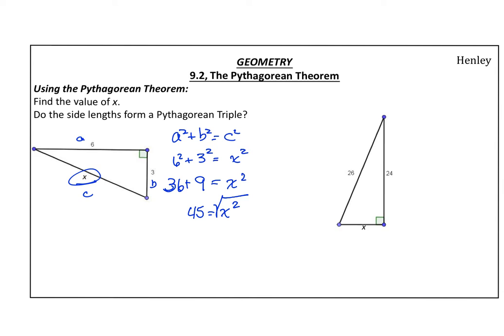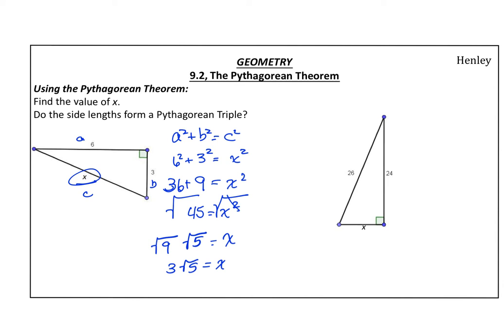Find the square root in order to get rid of the square, leaving x equals the square root of 45. Now we can break that apart, so it becomes the square root of 9 times the square root of 5. The square root of 9 is 3. The square root of 5 is the square root of 5. And that equals x.